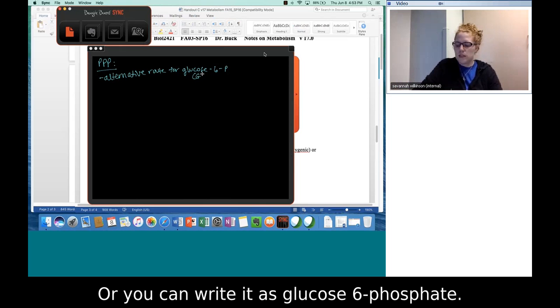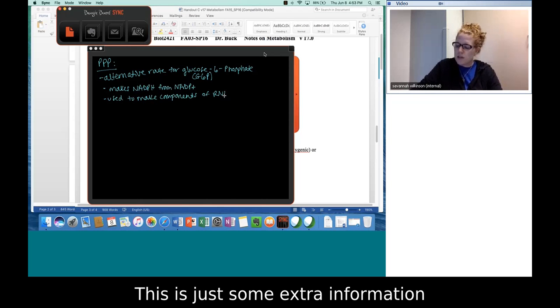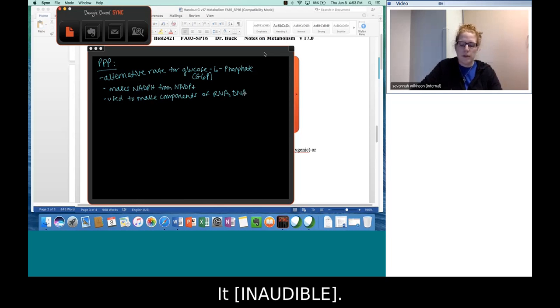Or you can write it as glucose 6-phosphate. This is just some extra information for the pentose phosphate pathway if you need to know.